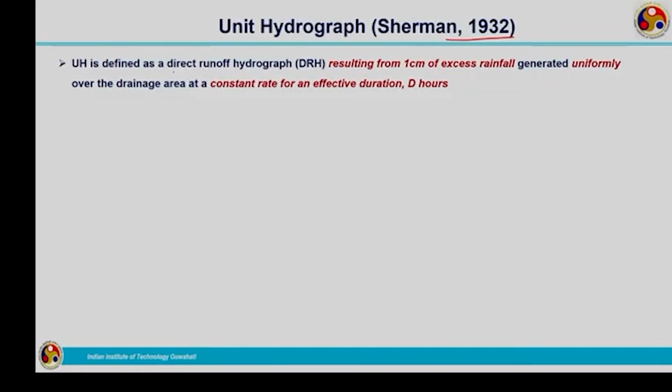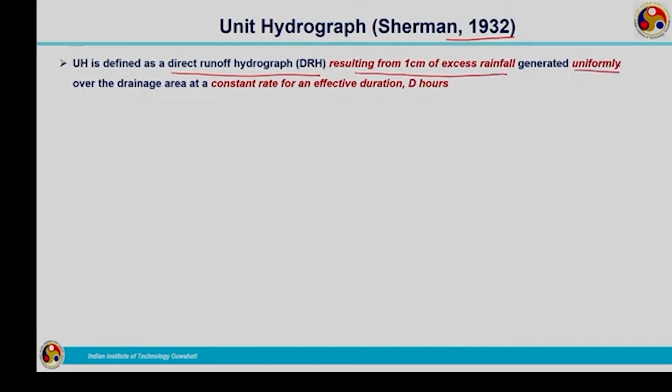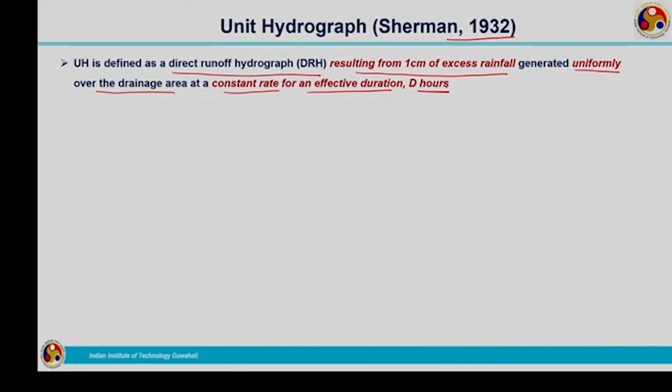First, let us start with the definition of unit hydrograph. A unit hydrograph is defined as a direct runoff hydrograph resulting from 1 centimeter of excess rainfall generated uniformly over the drainage area at a constant rate for an effective duration of d hours. So, this is the definition of the unit hydrograph.